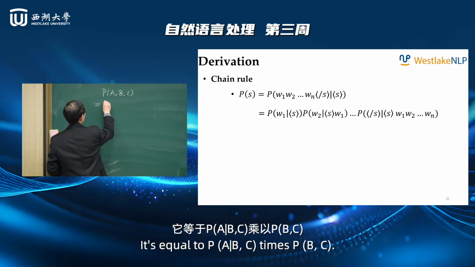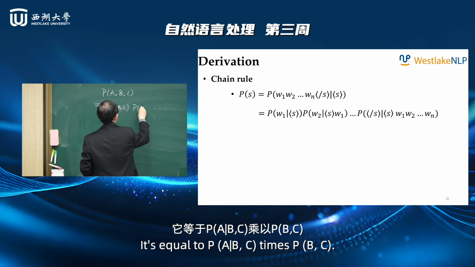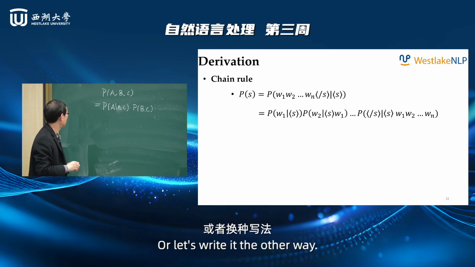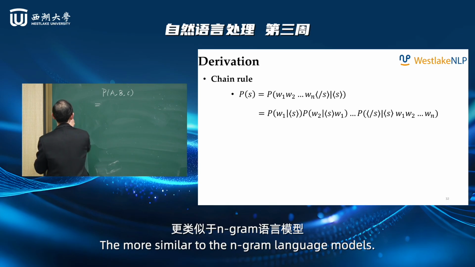First, it's equal to P(A given B and C) times P(B, C). No, sorry, let's write it the other way, more similar to the n-gram language models.